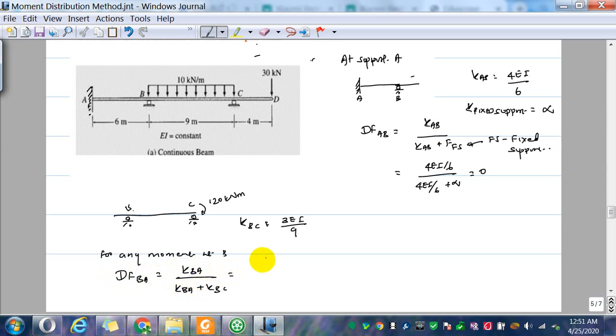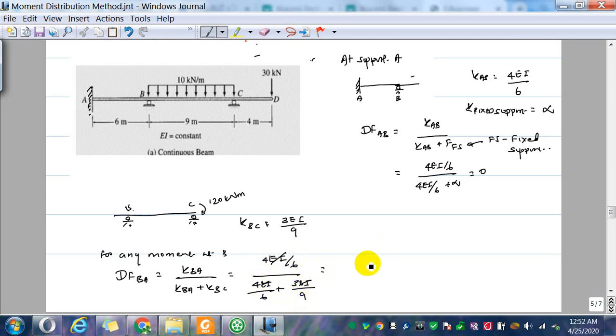So this is 4EI over 6, this is 4EI over 6 plus 3EI over 9. So now EI cancels off.